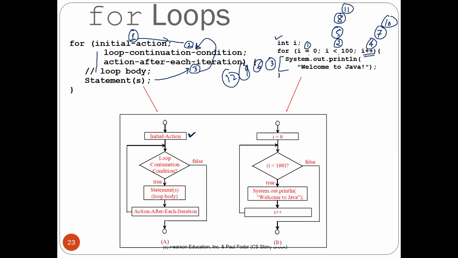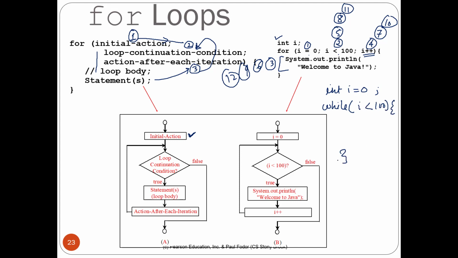Whereas in a while loop you will have something like this. If I have to write a while loop corresponding to this case, what I will do: int i equals 0. That's my initialization part. Then I'll have a condition: while i is less than 100.